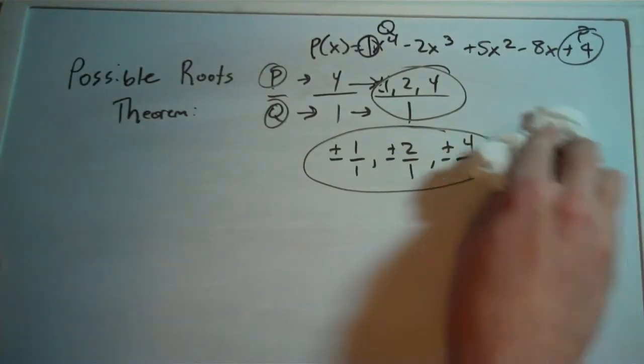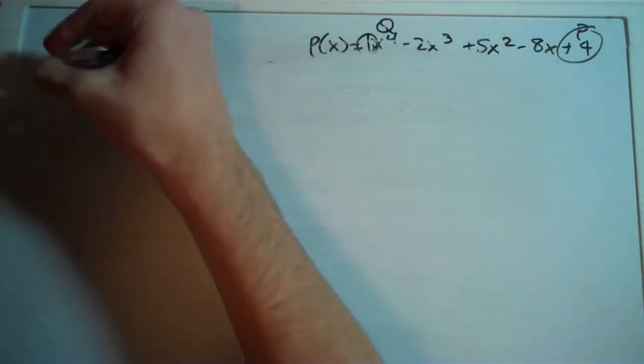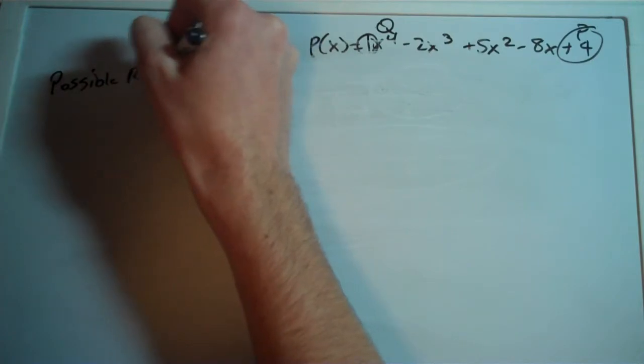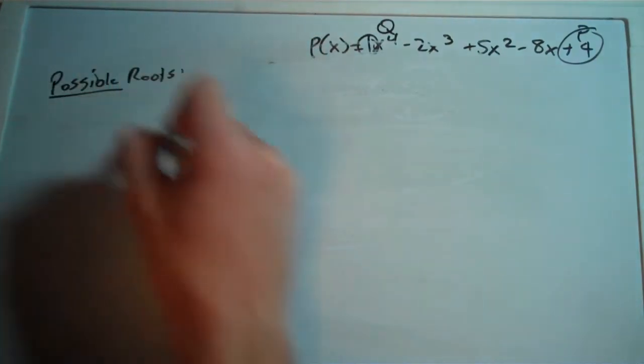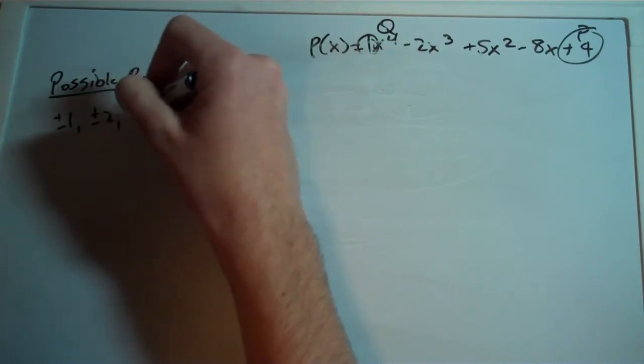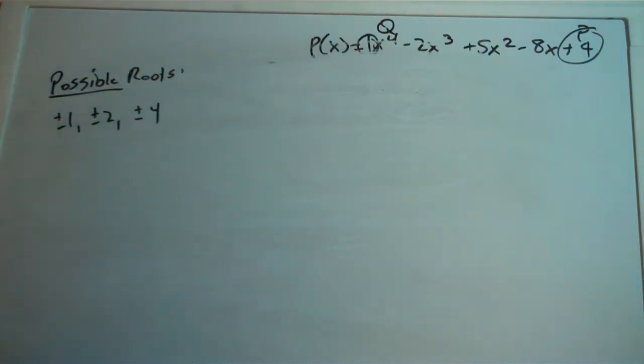So now that we have found our possible roots, which I can put over here, possible roots, 1 plus or minus, important to remember plus or minus. We have our 6 possible roots, and now we're going to attempt to find the roots of the polynomial.